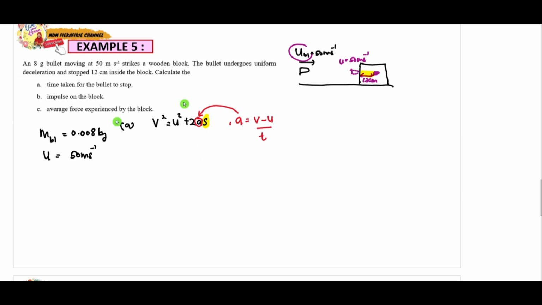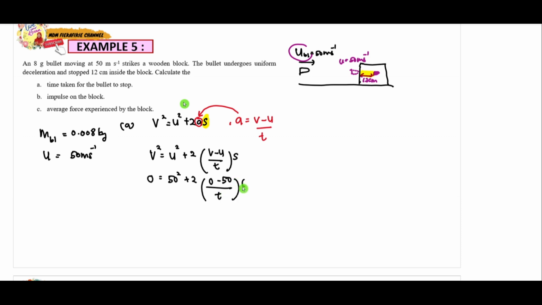Okay, so kalau kita buat macam tu, kita akan dapat V squared equal to U squared plus 2 (V minus U over T) S. Okay, so V, since the bullet will stop after 12 cm, is 0, U is 50 meter per second, so 0 equals 50 squared plus 2 times (0 minus 50) over T times S, and T kita tak tahu, kita nak cari.